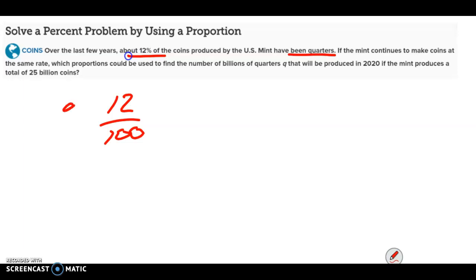So this is going to be quarters compared to coins. And that's going to equal, if the mint continues to make coins at the same rate, again, the same wording as that last problem. If this rate continues, this proportion will hold true. Which proportion could be used to find the number of billions of quarters Q, so that's our unknown, that will be produced in 2020 if the mint produces a total of 25 billion coins.